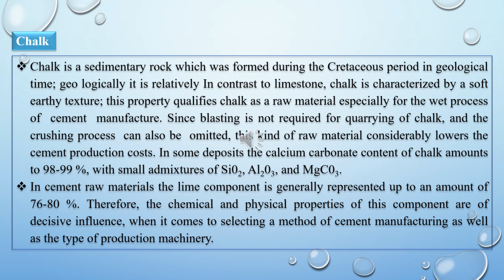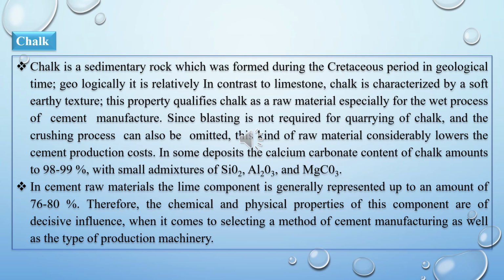Students, listen carefully. In the previous slide, we discussed that chalk is not a hard raw material. Because chalk is not a hard raw material, digging and blasting is not necessary here. Because this is not necessary, the cement production cost will decrease.